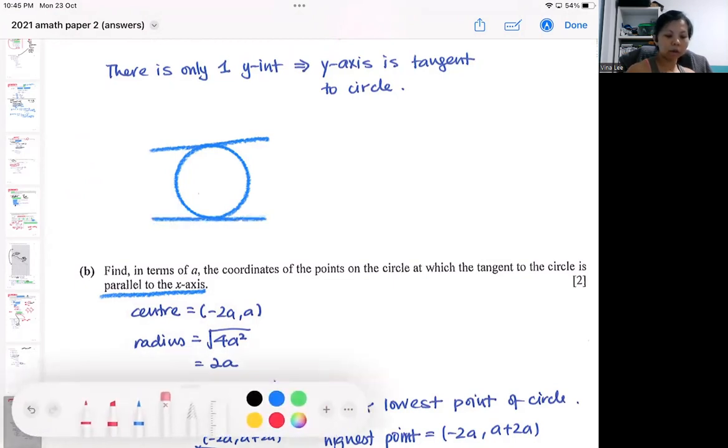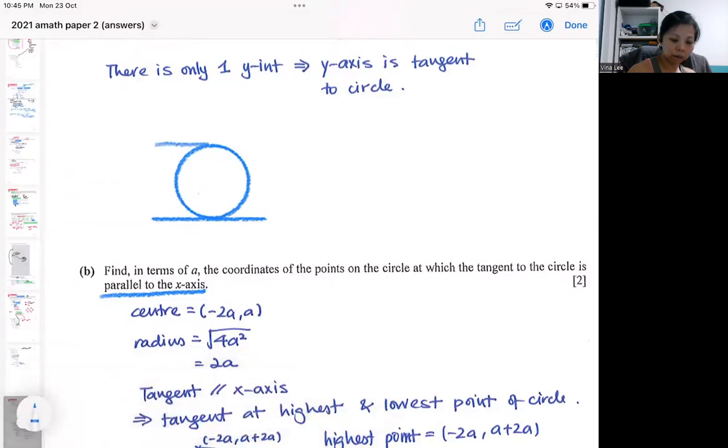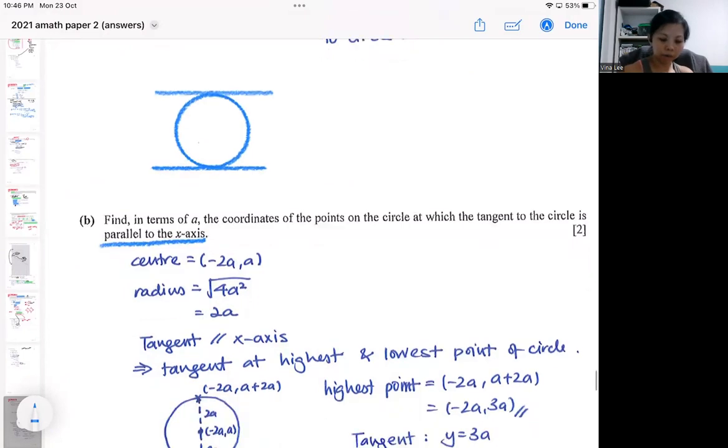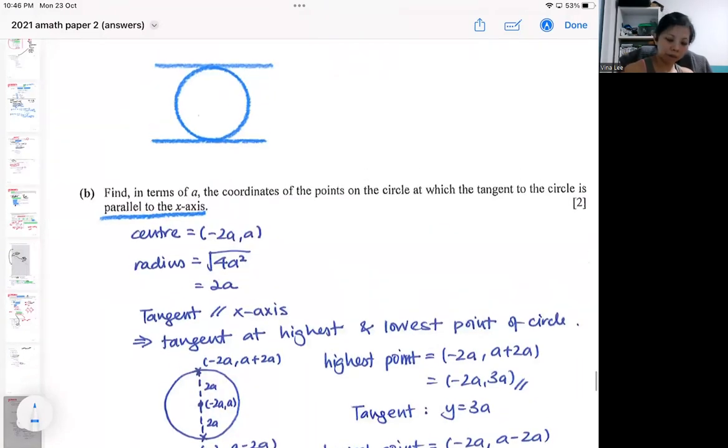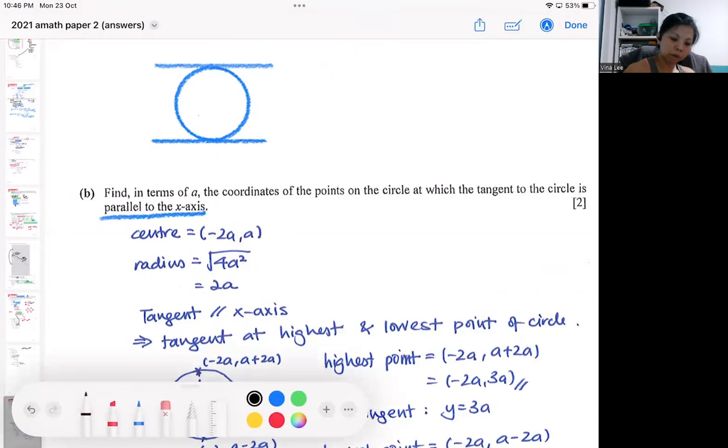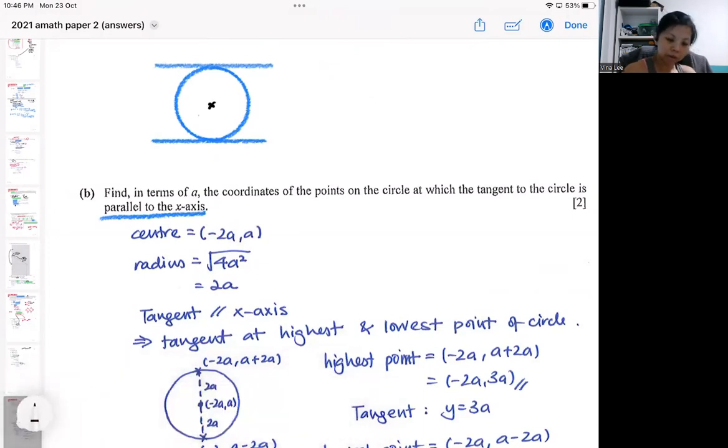So when the tangent is at the highest point or the lowest point, then the tangent will be horizontal. So in actual fact, the coordinates that you are looking for will be the highest point and the lowest point. That's where I will need the center to come in use. So just now we explored the center already.